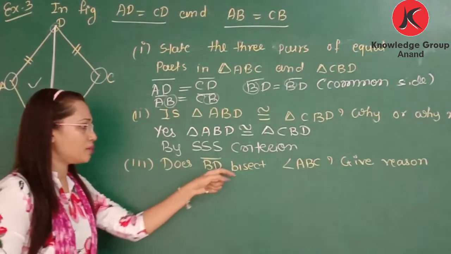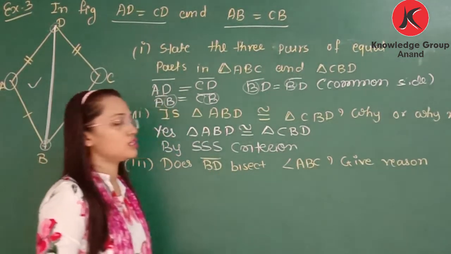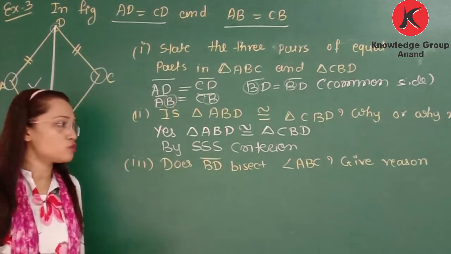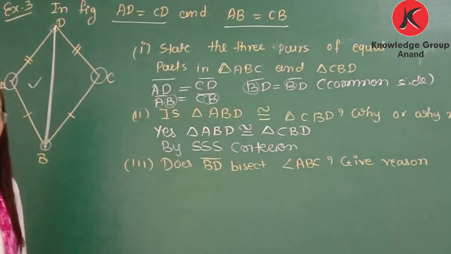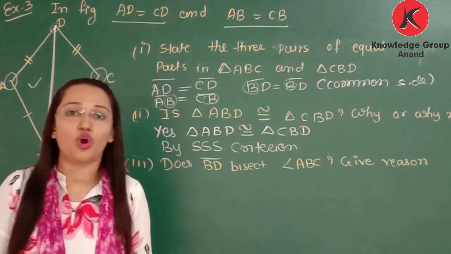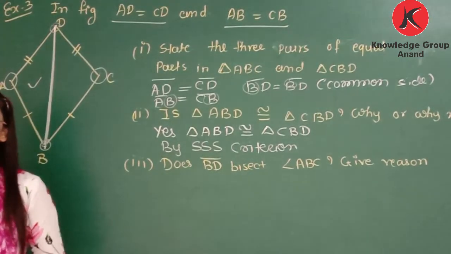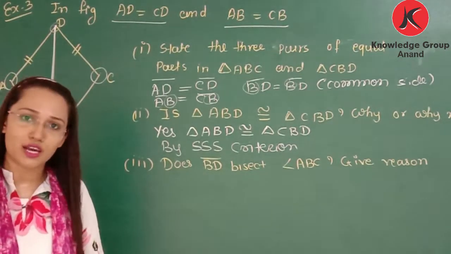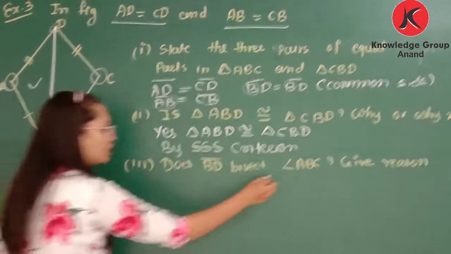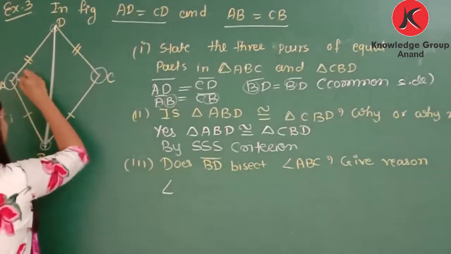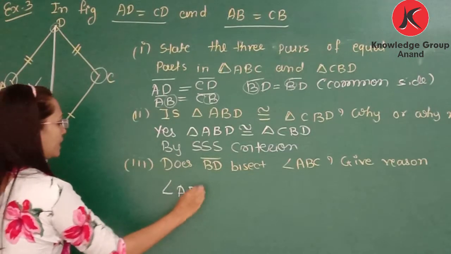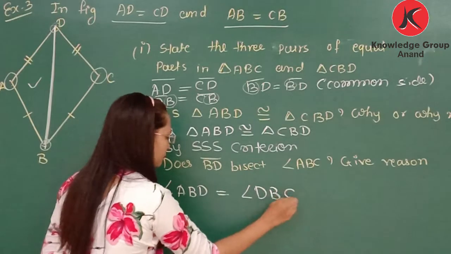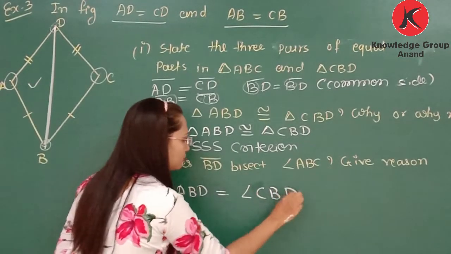Now, does BD bisect angle ABC? Give the reason. If the two triangles are congruent, what does congruent mean? We learned at the start of that chapter that congruent means they are of equal size and equal shape. Now, size is the same, so the angles are also the same. So here we can write angle ABD is equal to angle DBC, or you can write CBD.